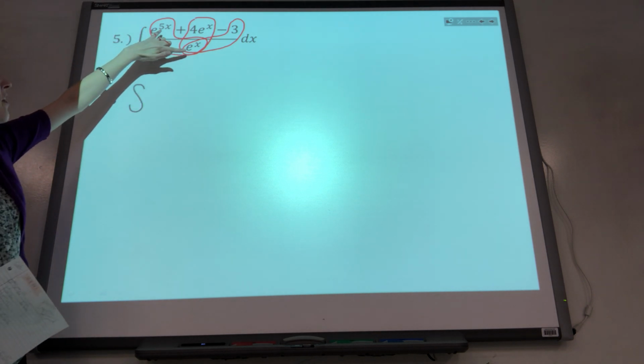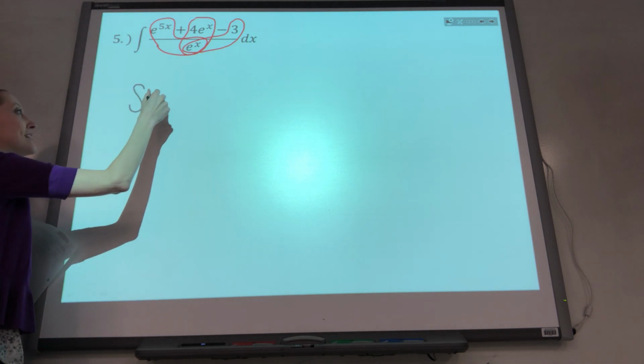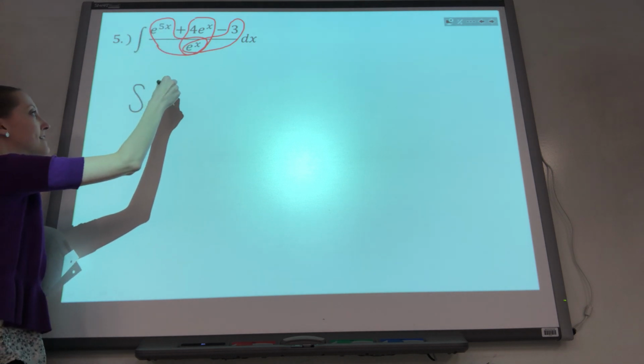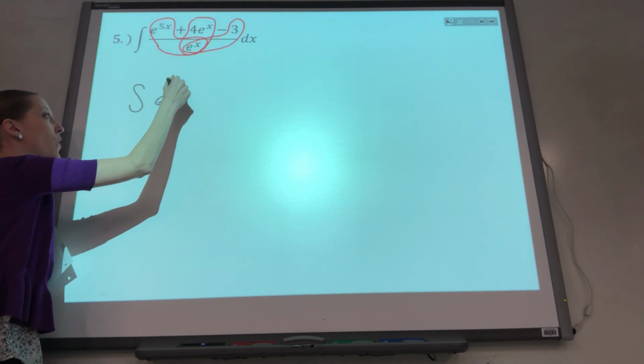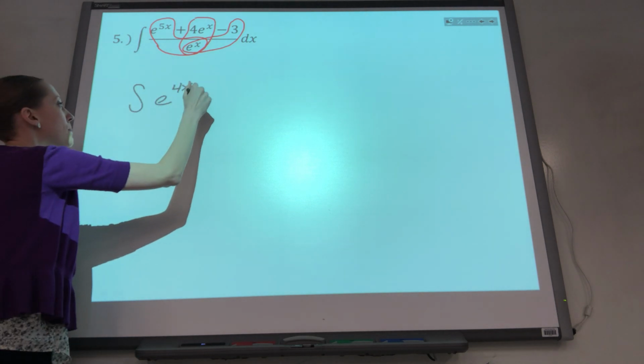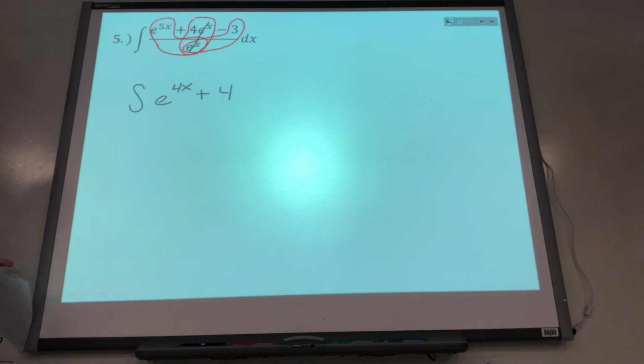What do we do with our exponents when we divide with the same base? We subtract. And what is 5x minus 1x? 4x. That becomes e to the 4x. I'm subtracting my exponents. Now for the part in the middle, you can think of those just crossing out.